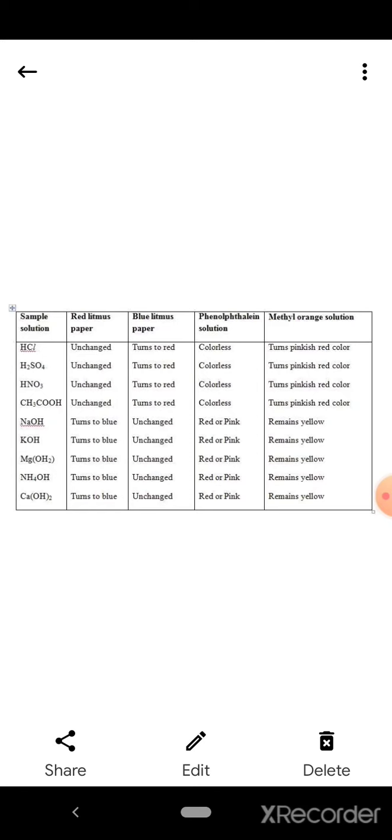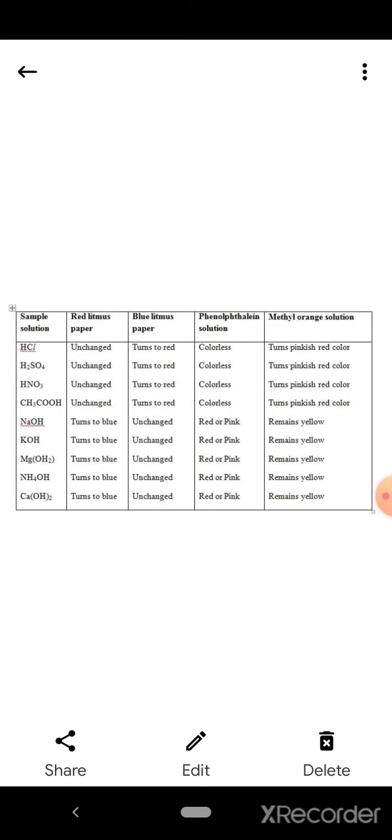When we consider all these solutions from sodium hydroxide to calcium hydroxide, they do not show any effect on blue litmus paper but turn red litmus paper to blue. If we add phenolphthalein solution on these samples, they appear reddish pink in color.